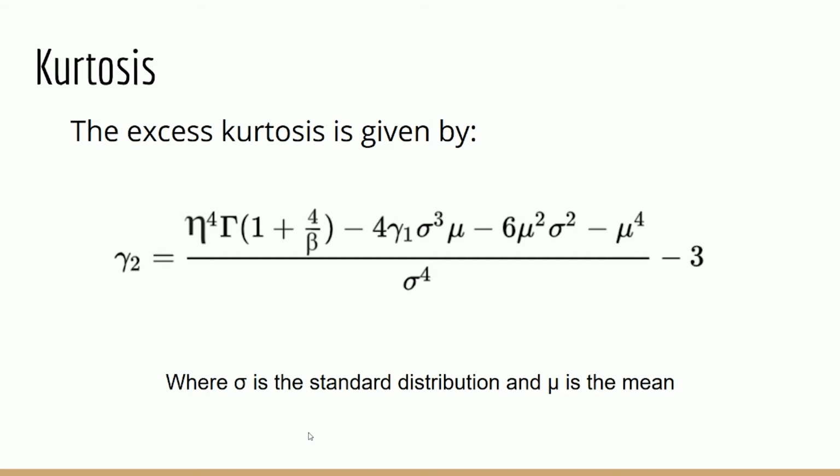Data sets with high kurtosis tend to have heavy tails, which are outliers, and on the other hand, data sets with low kurtosis tend to have light tails or a lack of outliers.